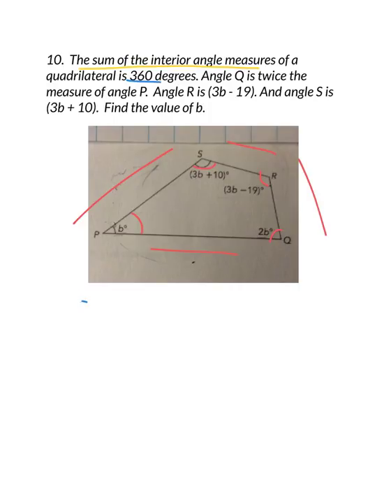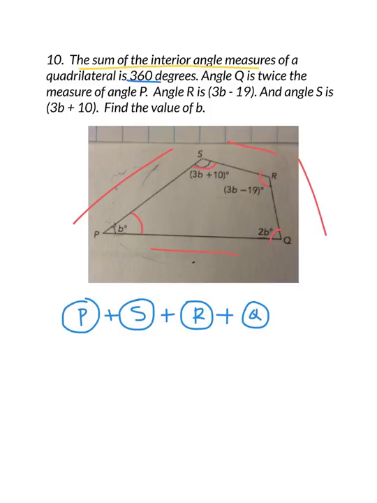Okay, so I'm going to take angle. Let's look at it. We got angle P. We got angle S. We got angle R. And we have angle Q. And those are going to all add up for a sum. It says the sum is going to equal 360 degrees.